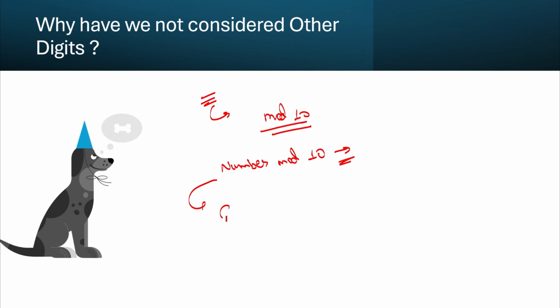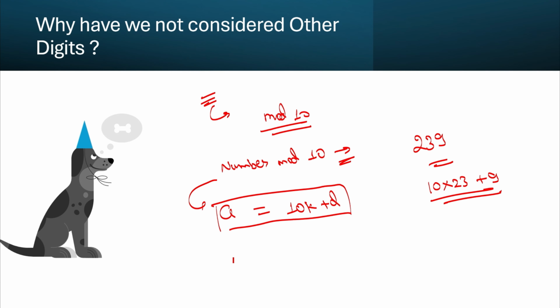So consider a number a equal to 10k plus d. For example, 239 can be written as 10 times 23 plus 9. So we can write every number in the form of 10k plus d. Now when we raise it to the power n, it can be written as 10k plus d raised to the power n.